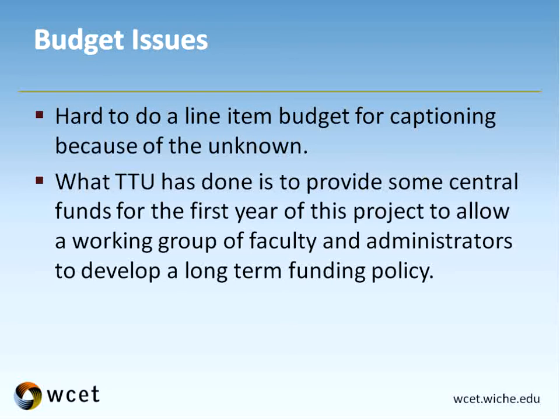And so what we have done throughout this initial pilot phase is divide some central funding for the first year of the project that will allow a working group of faculty and administrators to develop a long-term funding policy. The central funds came from a number of sources, from the Office of the Provost, from the CFO, and from my central budget.